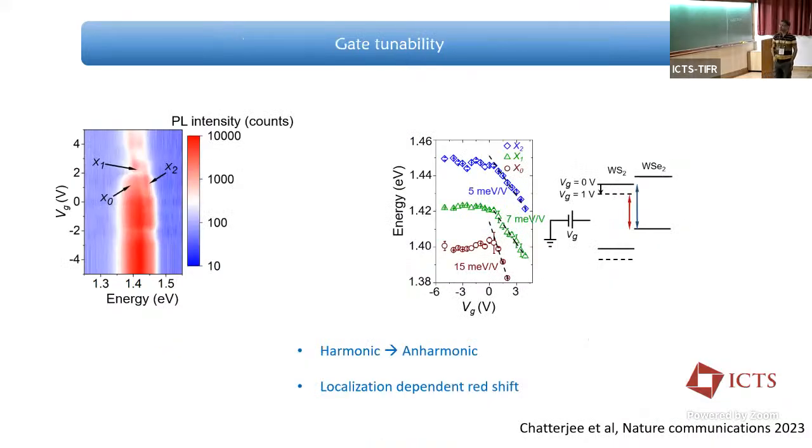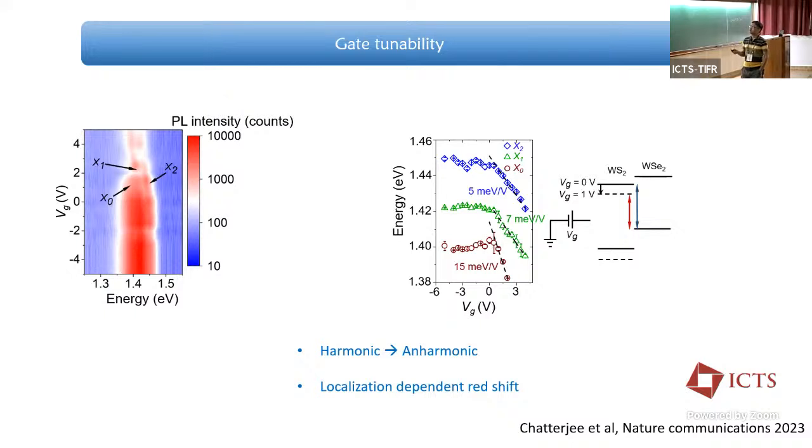Now let's come to the gate voltage tuning part. As you increase the gate voltage, this is the gate voltage value and this is the emission energy. In the negative voltage part, nothing really happens. Negative means you're doping the system p-type, or rather trying to introduce holes.